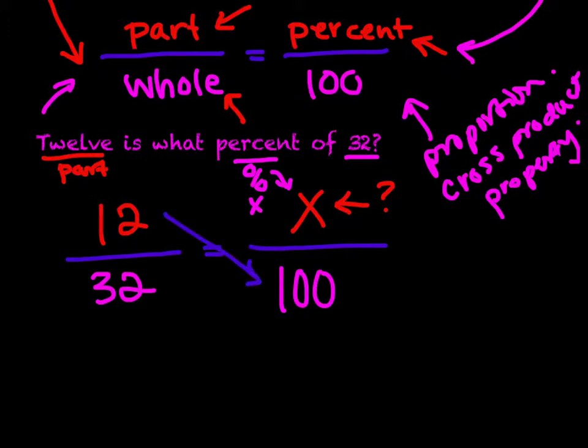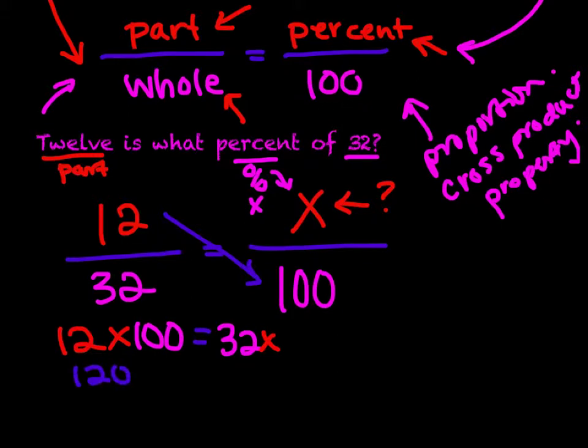We have 12 times 100, and that is equal to 32 times x. So if we did the math, 12 times 100 gives us 1200, which is equal to 32 times x. Then we could divide by 32 on each side.